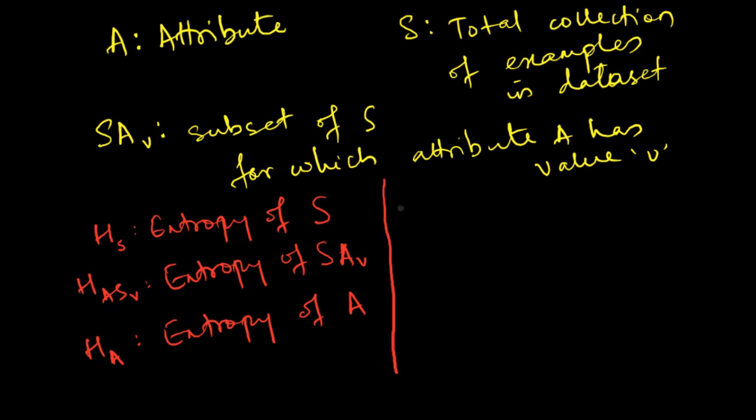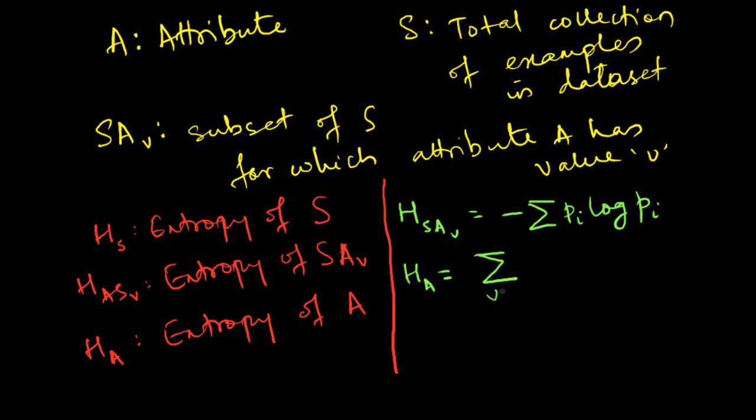So what you do is that you first find the entropy corresponding to each attribute value. That's what we did in that table. This is minus Pi log Pi. Then after doing that, you find the normalized entropy, which we can denote by H(A), which is the summation over all the values belonging to the attribute A of the cardinality of the set S_A,V divided by the cardinality of the set S, multiplied by H(S_A,V), and this will give you the entropy.